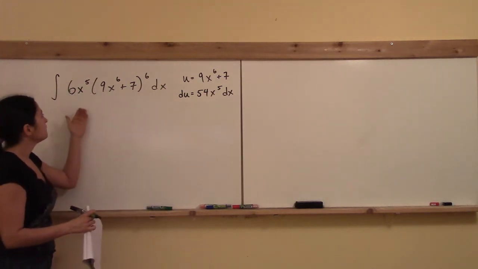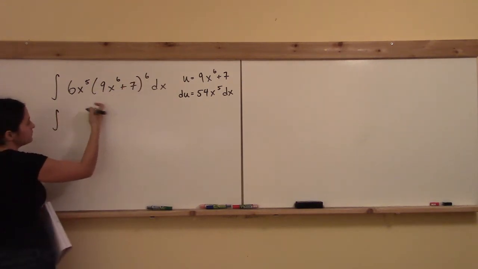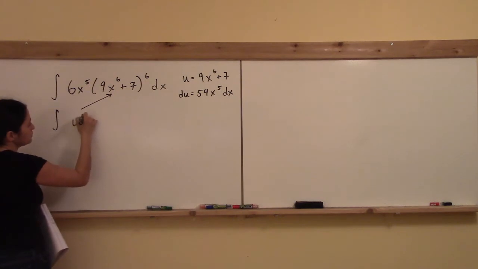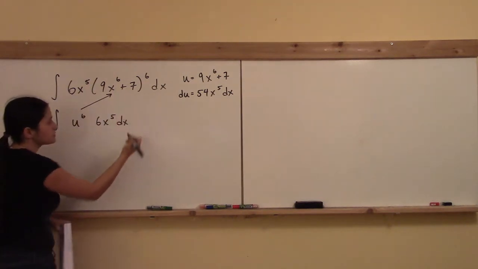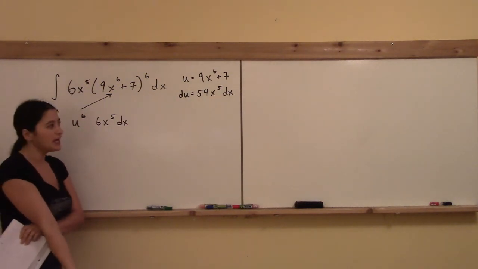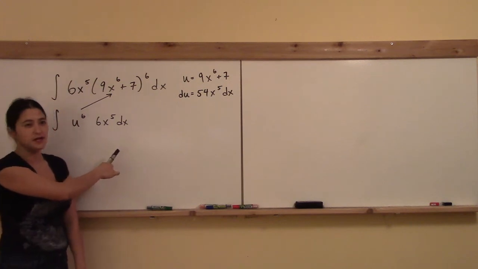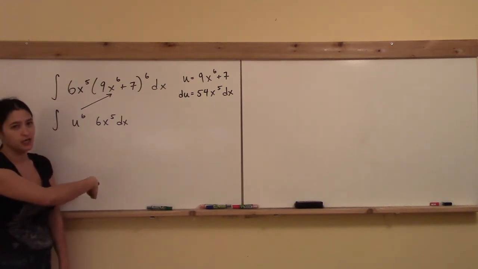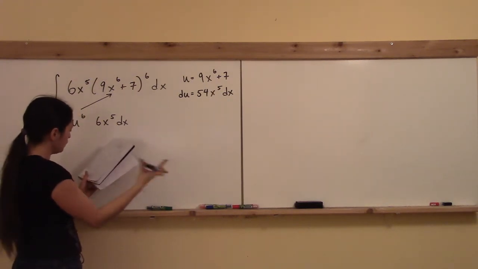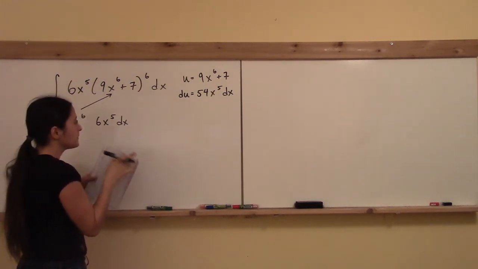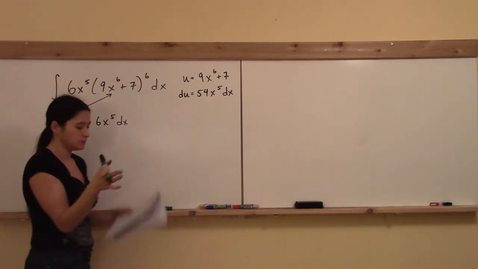Check it out. I actually have u to the 6th right here, so this part of my integral becomes u⁶. But then I have 6x⁵ dx. Dang it, I wish I had 54x⁵ dx. Then I would just write du right there, and I would do it just like the others. But I don't have 54, I only have 6, so what am I supposed to do? Well, 54 divided by 9 turns out to be 6.